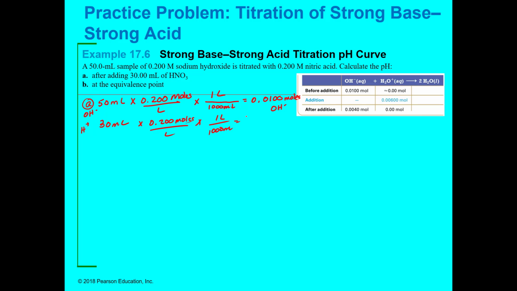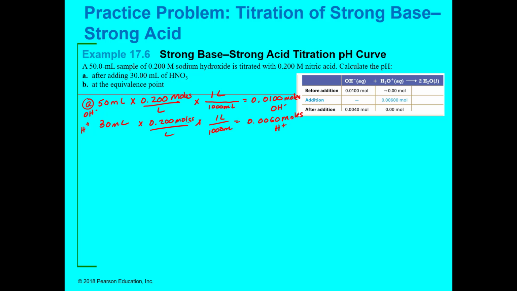And that's going to give me 0.0060 moles of HNO3, which is my acid. I'm just thinking of them in terms of acid or H3O plus, whichever one you want to do. So that is telling me what I'm actually starting with.